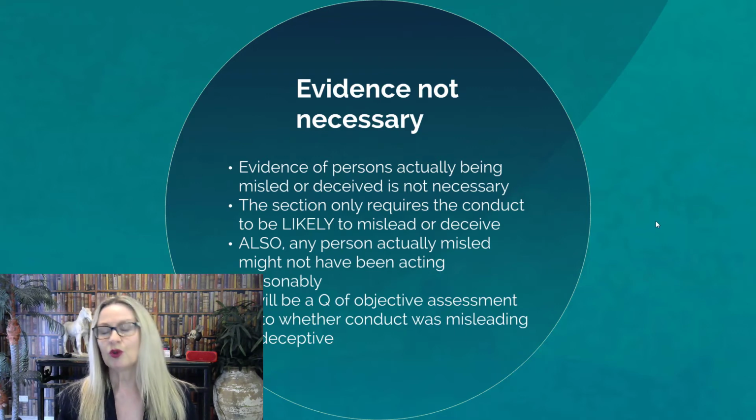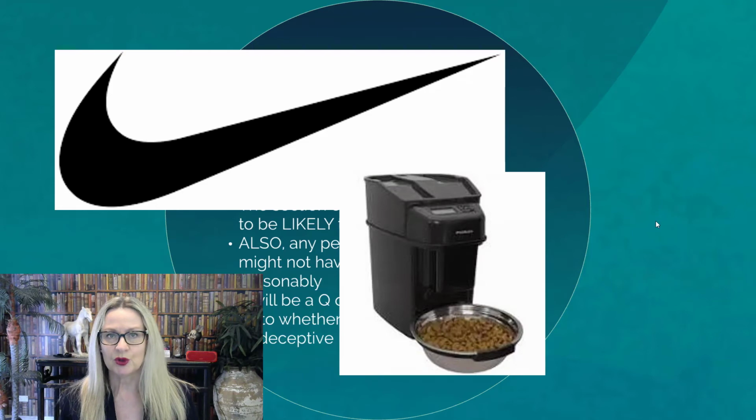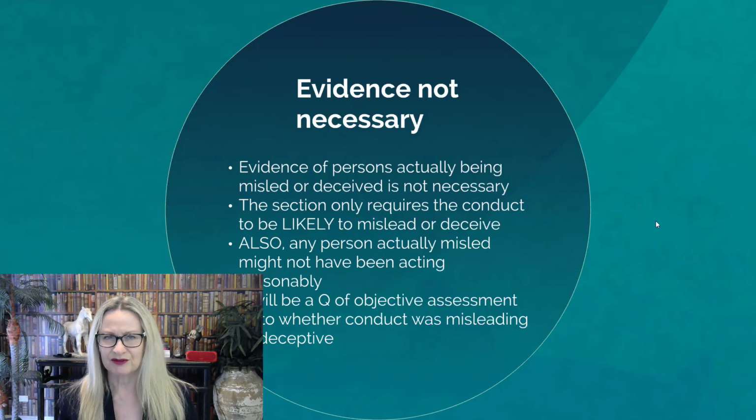For example, the court actually discounted some of the evidence in the Campomar Nike case that we just discussed previously, because one of them said that they thought that the Nike brand was so powerful it would even extend to things like pet food or toilet cleaner. Clearly, that kind of more extreme extrapolation or interpretation of events is going to be discounted by a court.